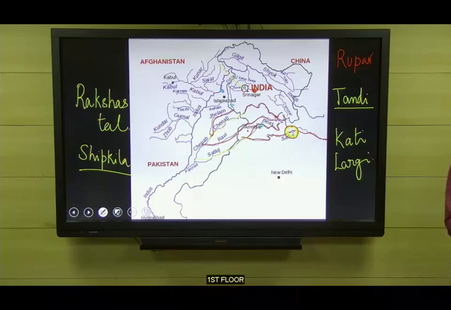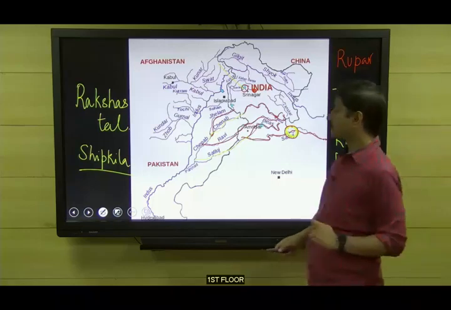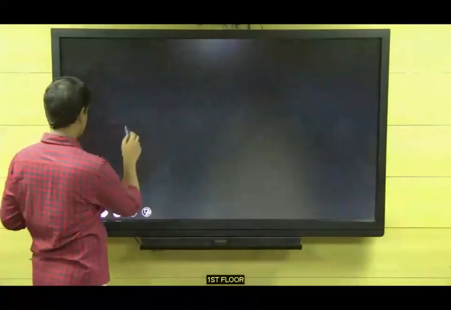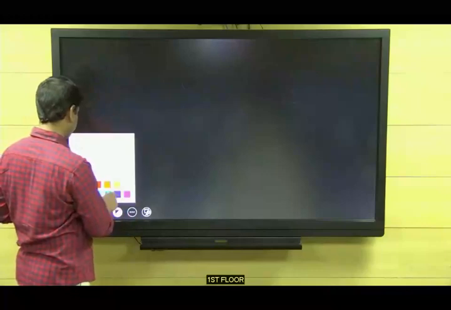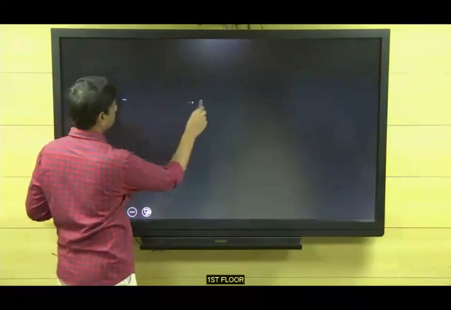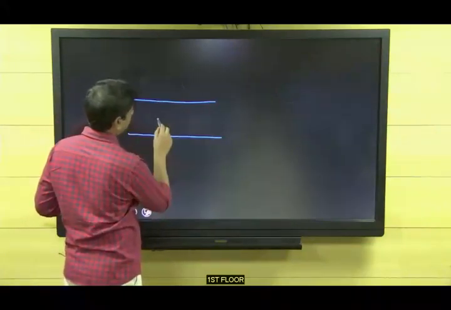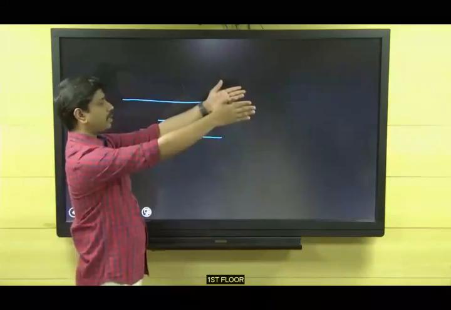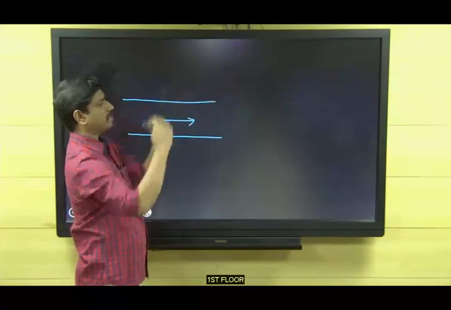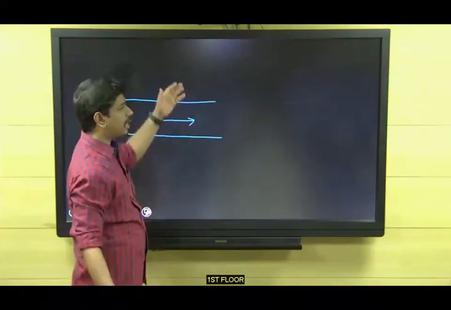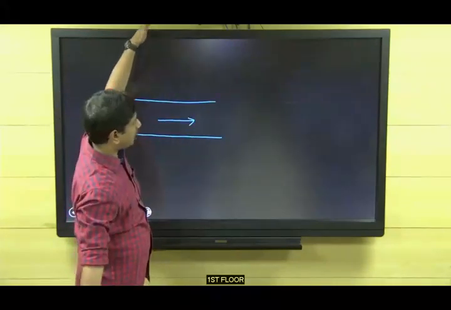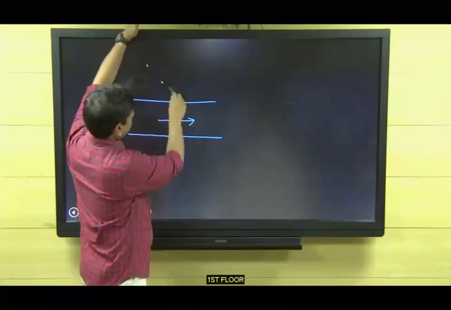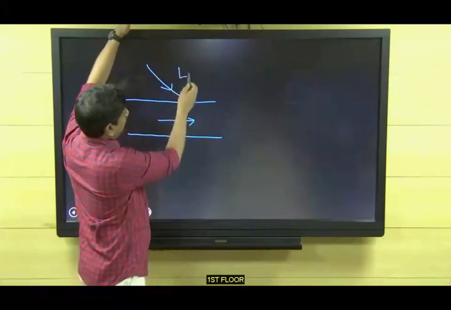Okay, left and right hand tributary. For those who are not able to get it, I am explaining it again. The river is flowing like this. You have to stand by the side of the river towards which it is flowing and then decide which is left and which is right. This is my left, so this is left hand tributary.